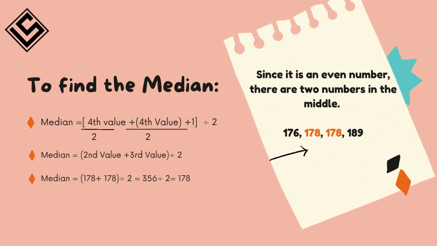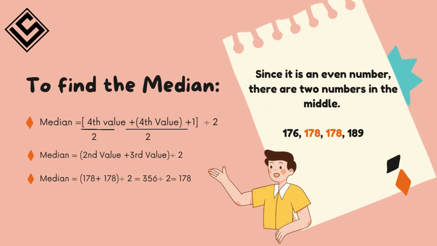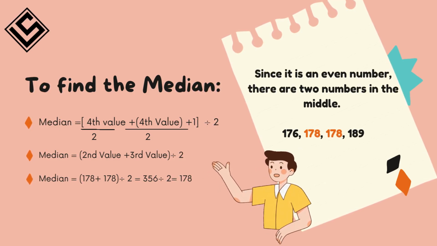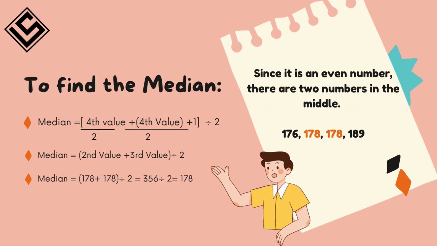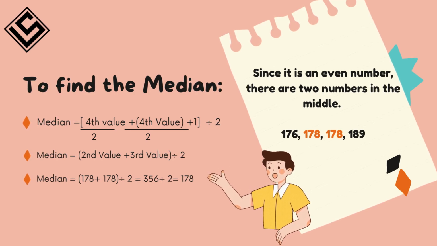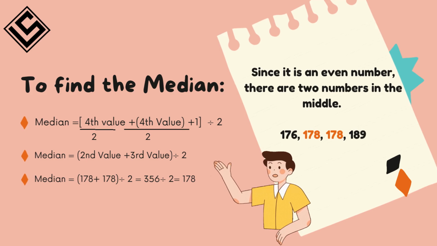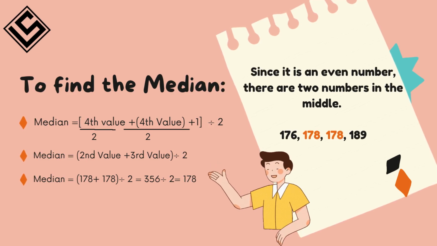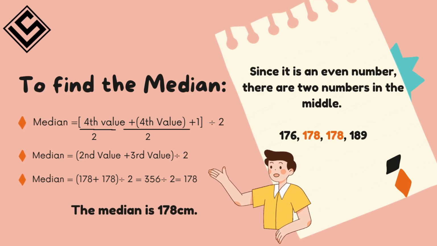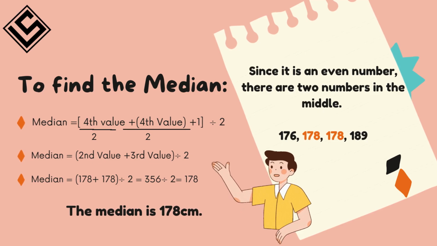The second value is 178 and the third value is also 178. Therefore, median equals 178 plus 178, divided by 2, equals 356 divided by 2, equals 178. Hence, the median of this dataset is 178 centimeters.